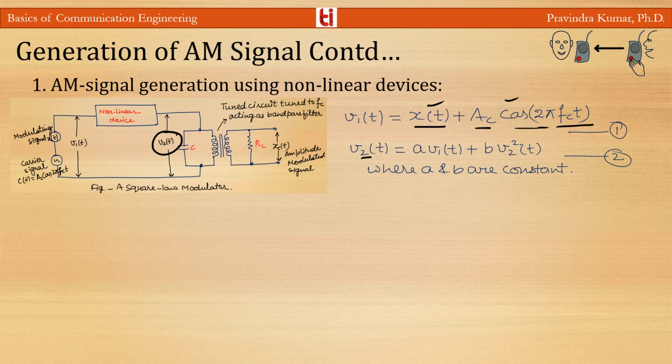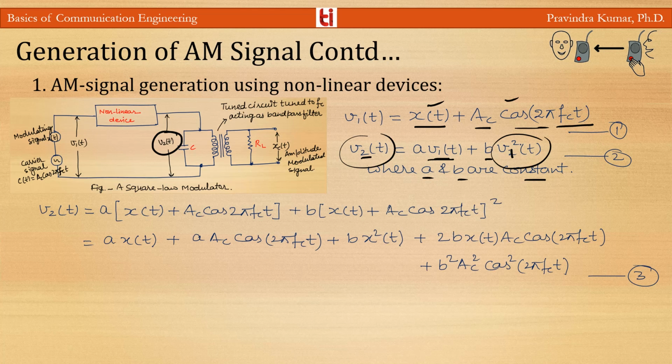The output v2(t) will be a v1(t) plus b v1(t) squared, where a and b are constants. This is the non-linear relationship between v1 and v2.